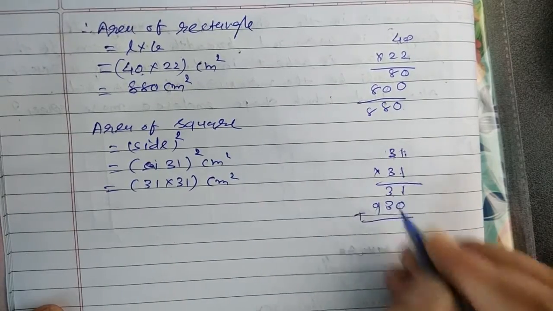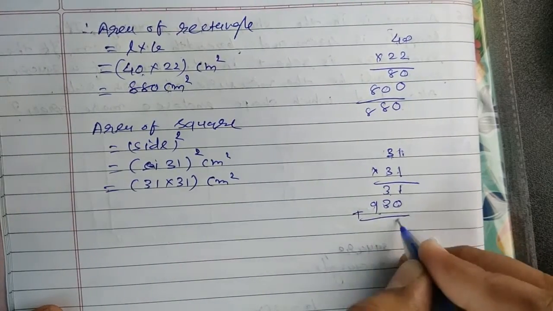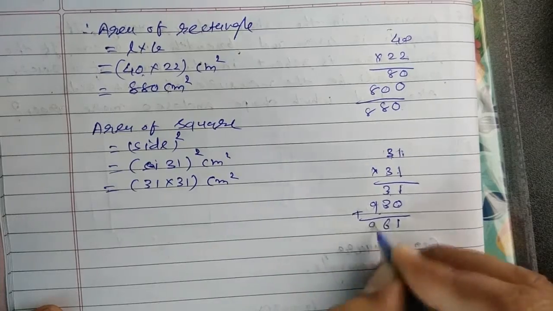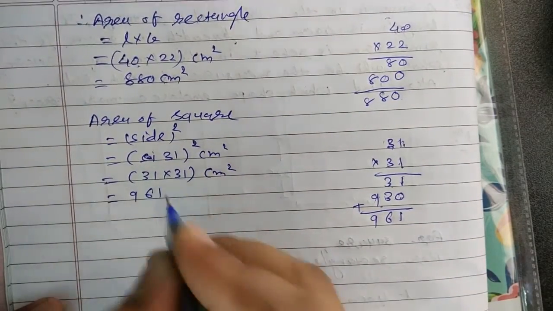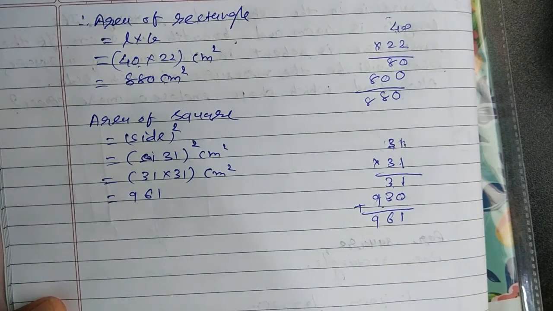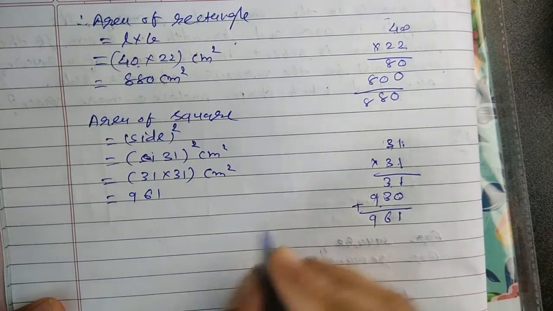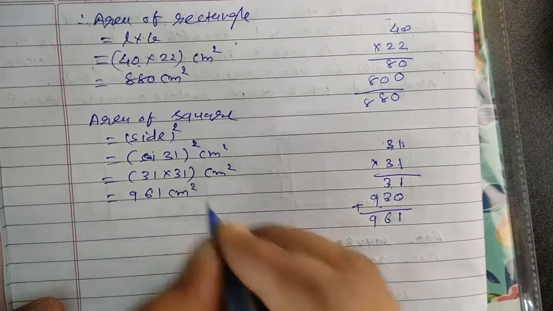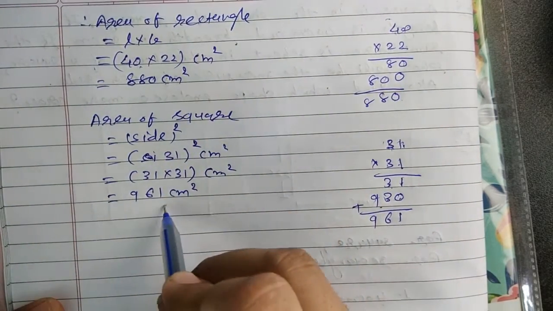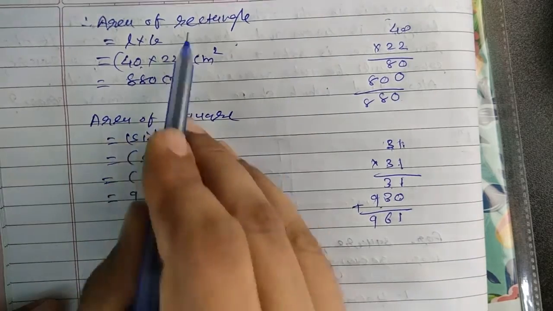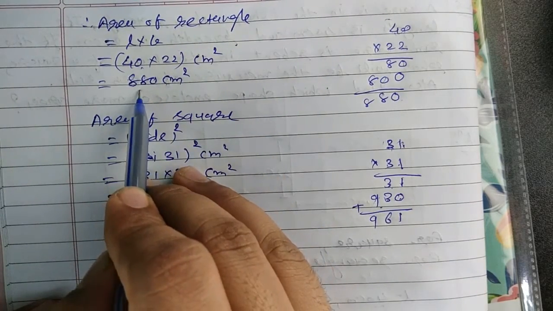Adding these, we get 961. So the area of the square is 961 centimeter square, and the area of the rectangle is 880 centimeter square.